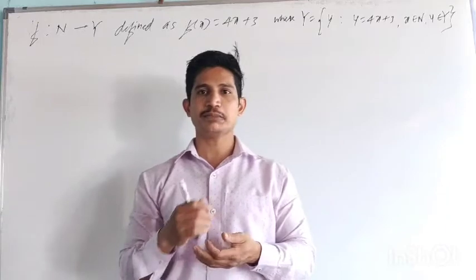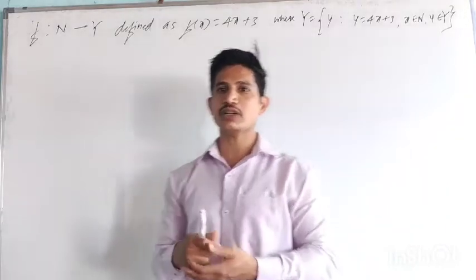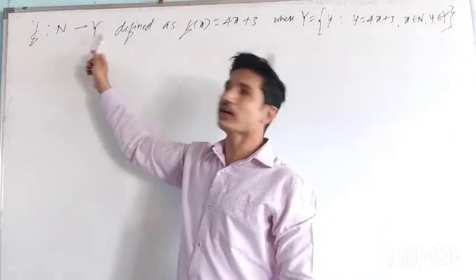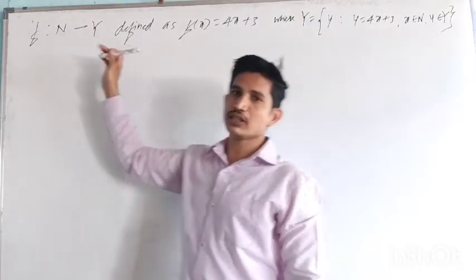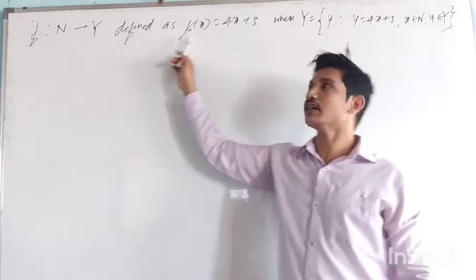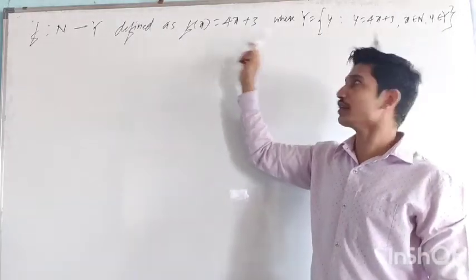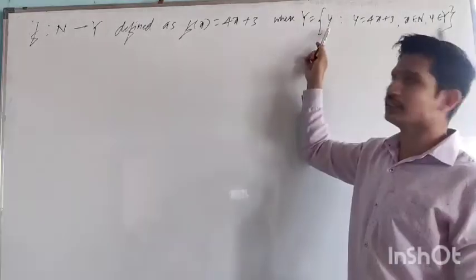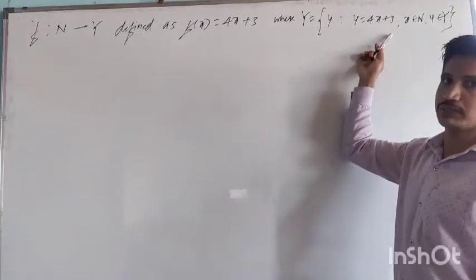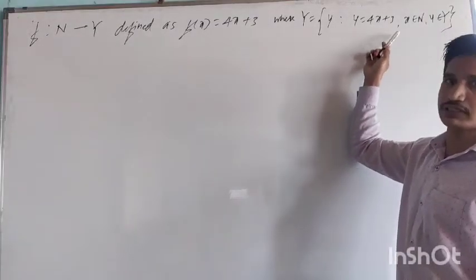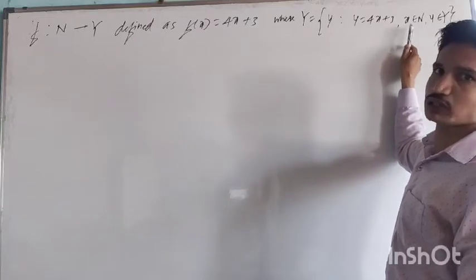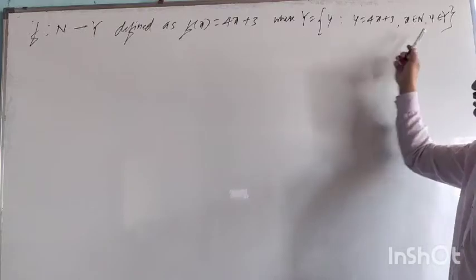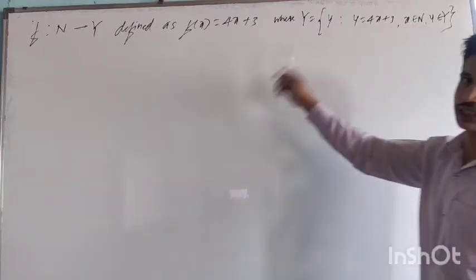If the function f is from the natural number set N to set Y, where the function is defined by f of x is equal to 4x plus 3, where Y is the set such that y is equal to 4x plus 3, where x belongs to N and y belongs to Y, meaning x is from the first set and y is from the second set.